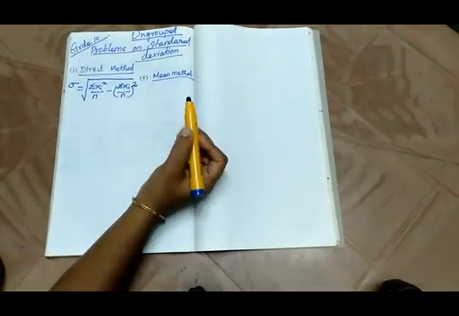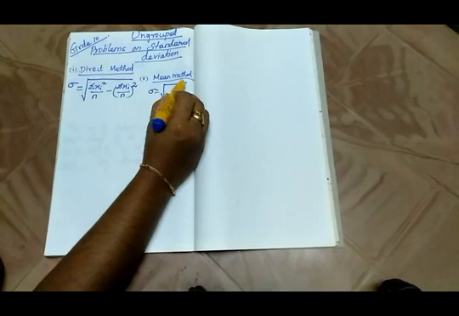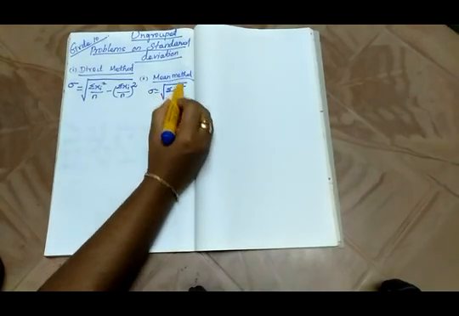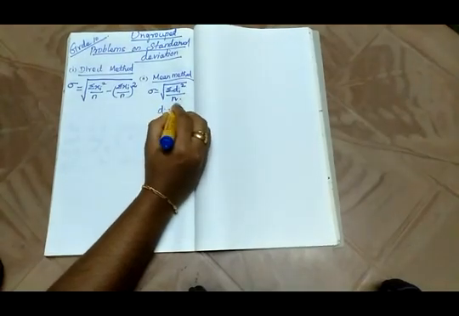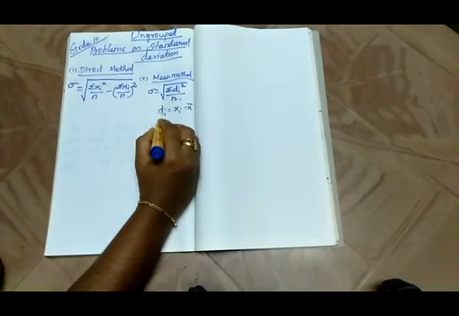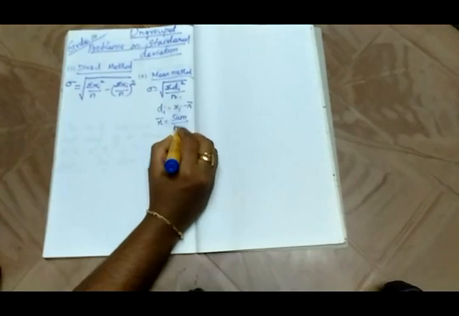By the mean method, sigma is equal to the square root of summation di square divided by n, where di is equal to xi minus x bar, and x bar is equal to the sum divided by the number of observations. So in one formula itself you are getting two more, isn't that? Since you might be confused about what summation is, what is xi, let's see the problems.